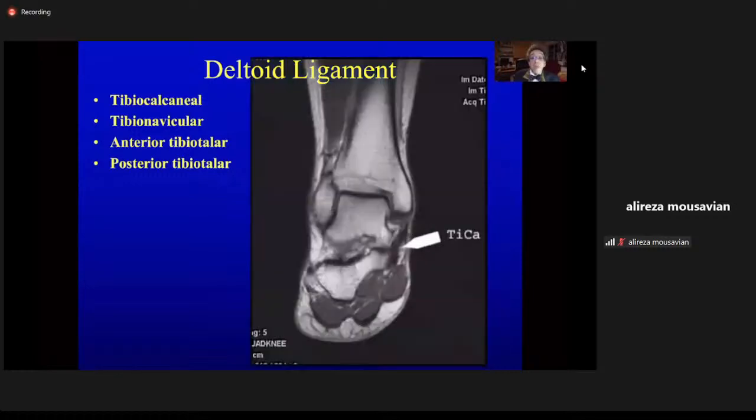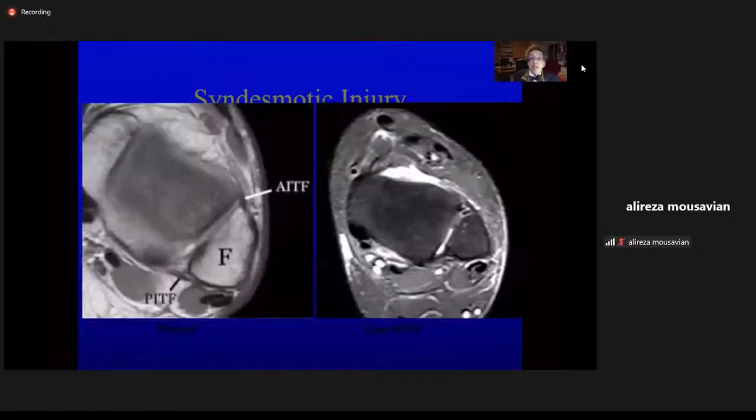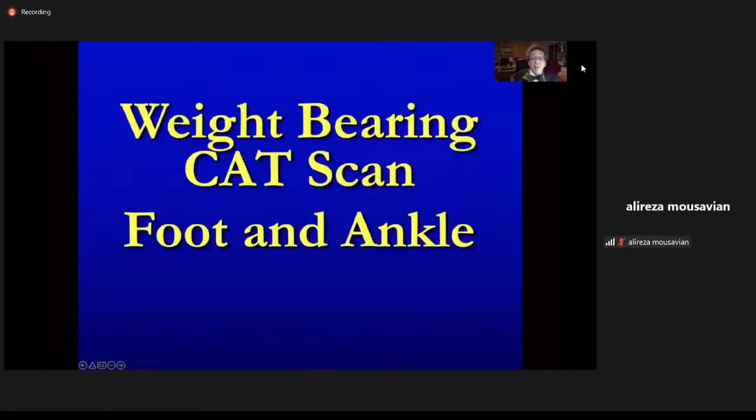We could also see the elements of the spring ligament as well. And we can see the posterior inferior tibiofibular ligament, as well as the anterior inferior tibiofibular ligament, as you see here on this view of the 3T MRI.